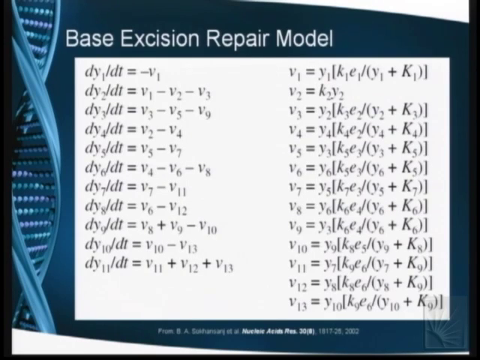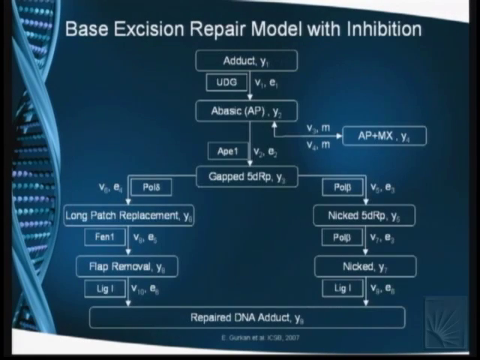And you can actually use mass action kinetics instead of this specific Michaelis-Menten kinetics. And we've actually taken that model from the literature, but we modified it because we're interested in the inhibition of base excision repair pathway. And in this case, we're also interested in a different glycosylase than they have used in that model.